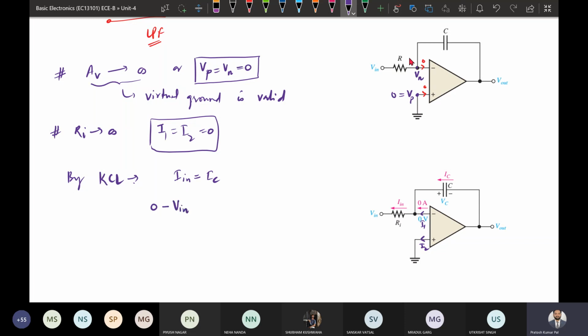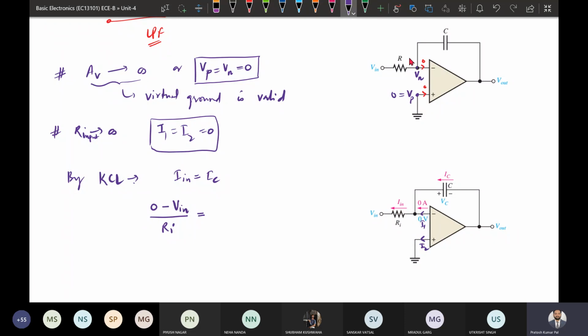So 0 minus V input divided by the resistance Ri. This Ri is the input resistance connected with the input voltage, okay, that is not the input resistance of the operational amplifier.